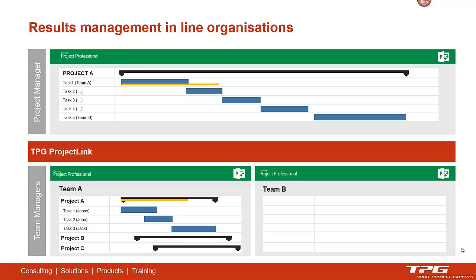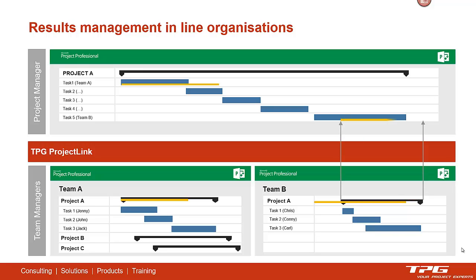This is something the team manager does on several projects, and the same also happens for other tasks in the same project from other teams. So this is an approach for line organizations where we transfer just information between projects to give everyone the information he needs to cover his work.